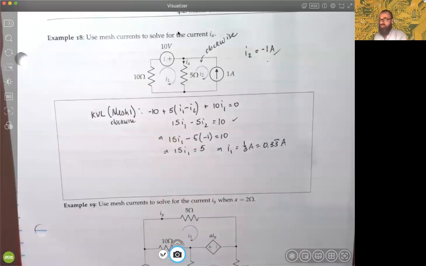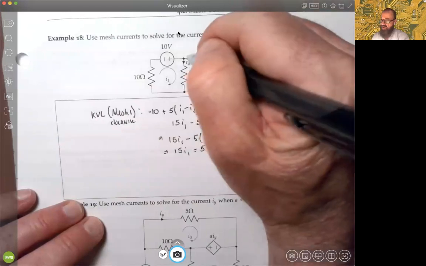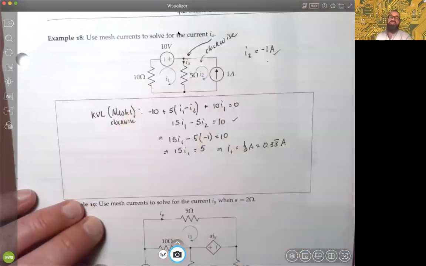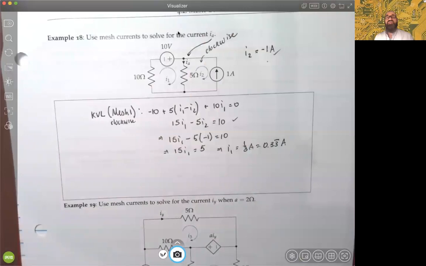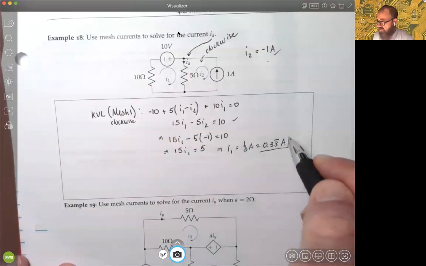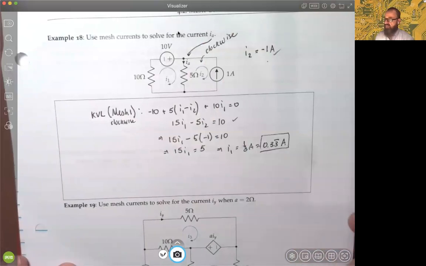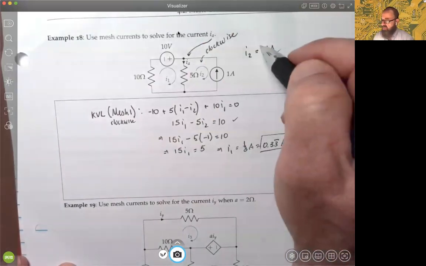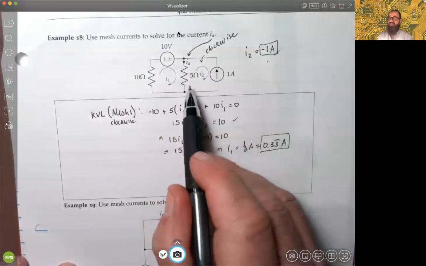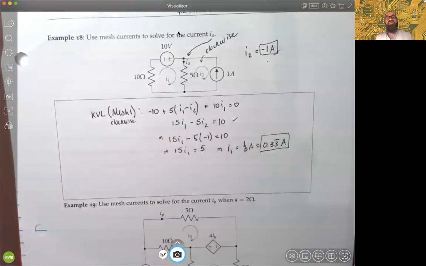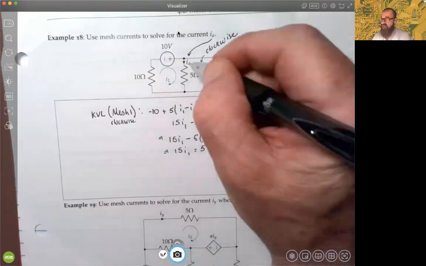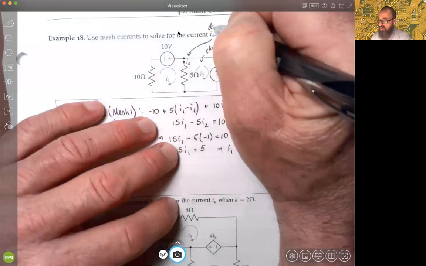The goal of the problem, though, was actually to find this current just through that resistance. So we have to be careful what we're asked for. Yes, we did find the mesh currents, absolutely. That's one of them, and this is the other one, right? But we were supposed to represent what the current is going through the 5 ohm resistance. And we assume because of that direction arrow, downward, okay?